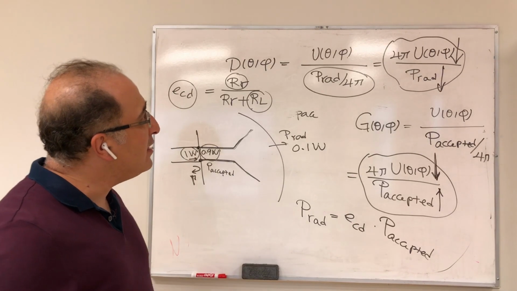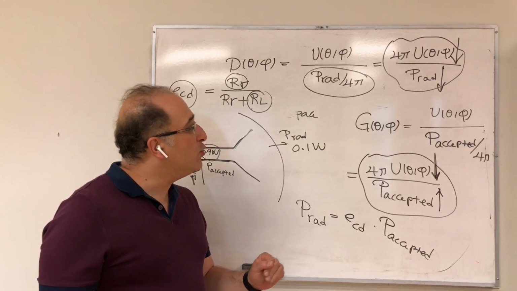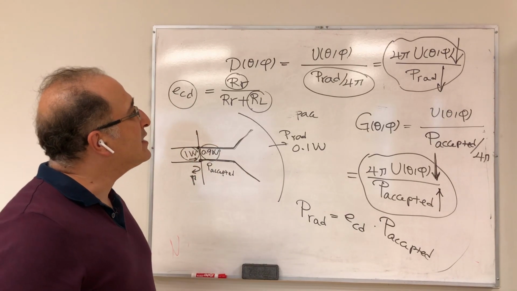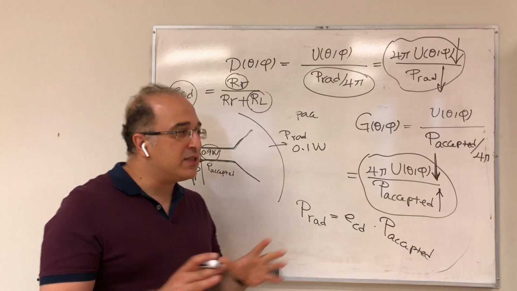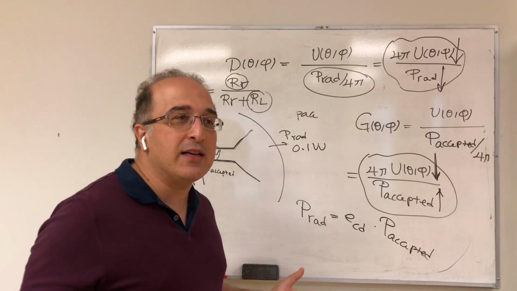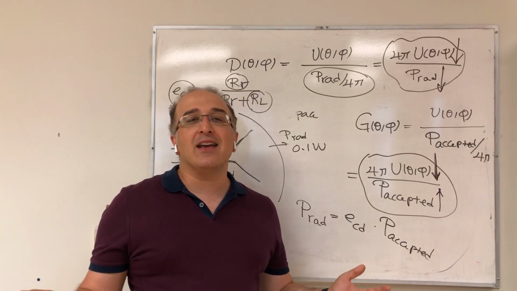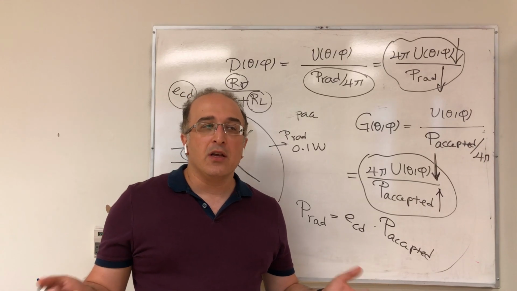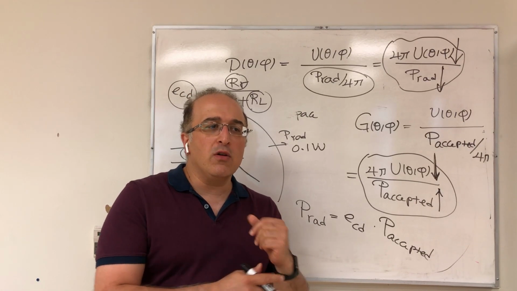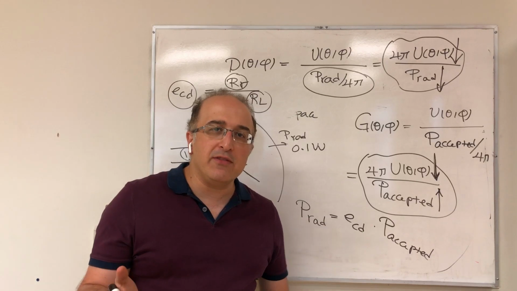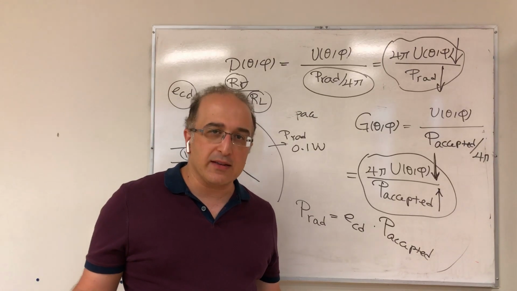The other thing about directivity that you need to understand is that directivity, if I use dimensionless, is always greater than 1, because directivity of 1 is for an isotropic antenna that doesn't exist. So the maximum directivity of any antenna would be greater than 1.